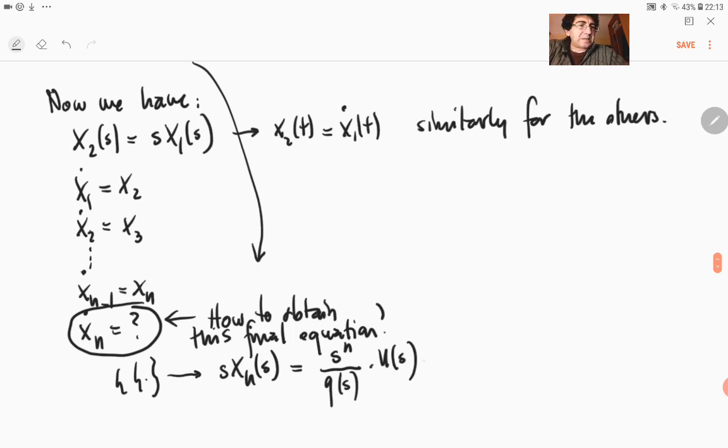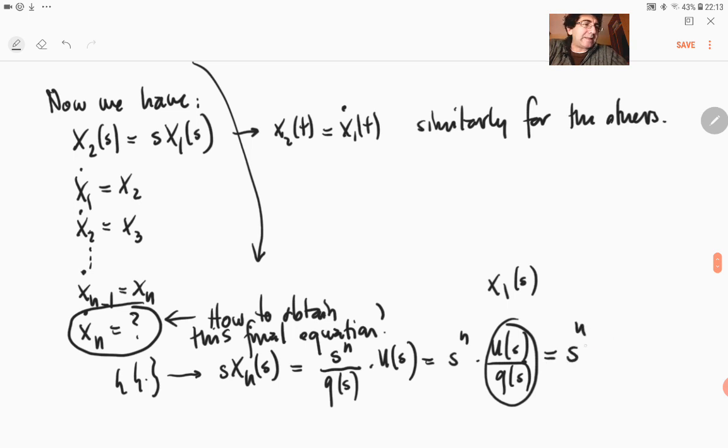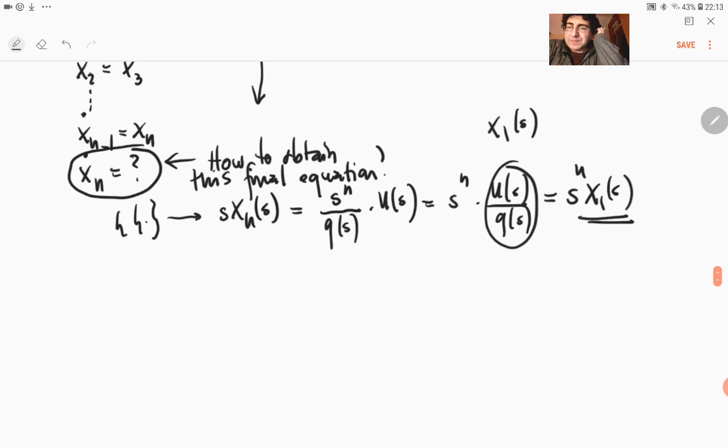And since this is s^n times U(s) over Q(s), and U(s) over Q(s) is equal to x1(s), this is equal to s^n x1(s). Now we need to obtain what this is.